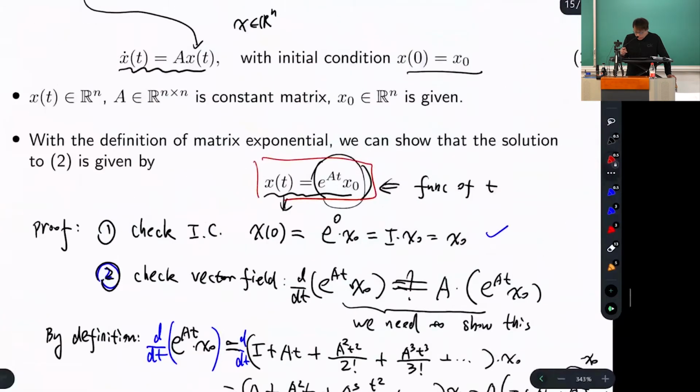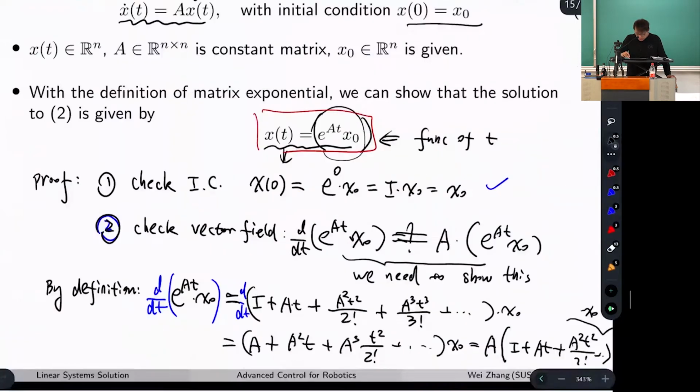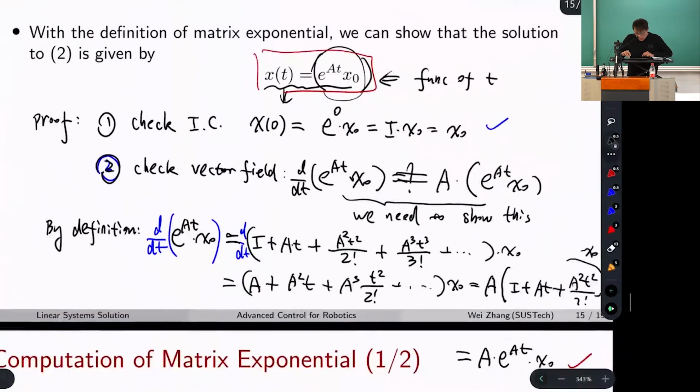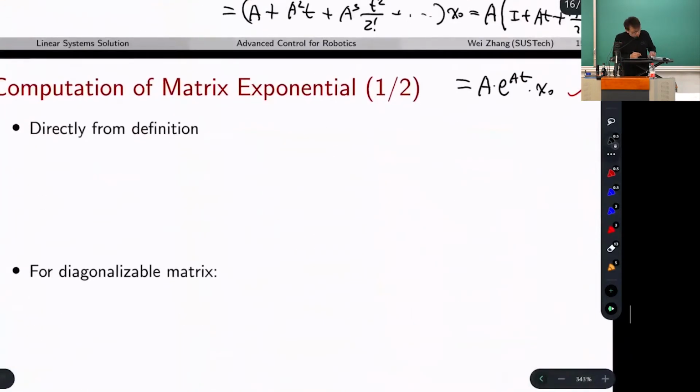Okay. Now the question is, how do we compute e to the At? It's not e to the A, it's e to the At, a function of t. This is a differential equation solution. How do we compute or find this solution?